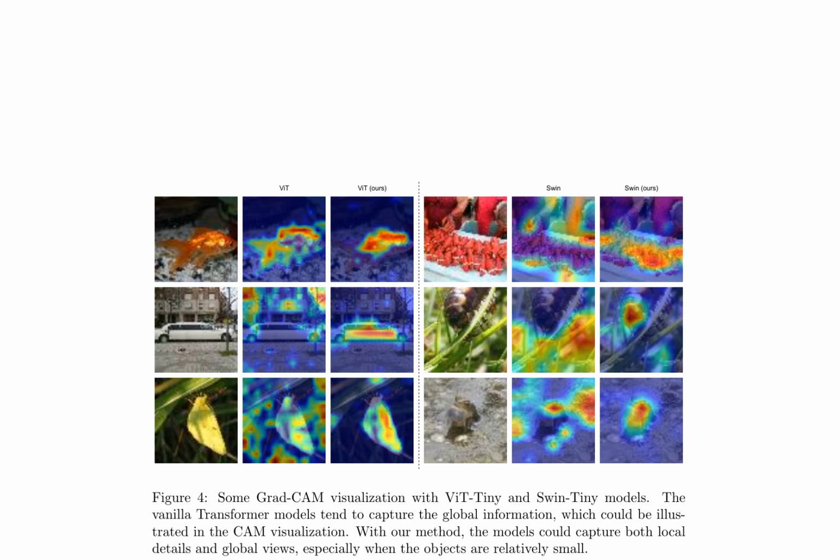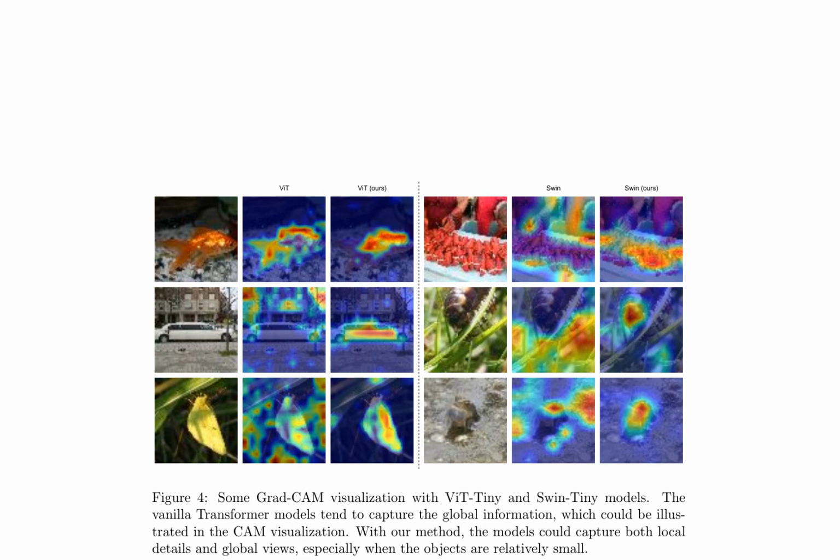The authors present a novel approach to enhance the performance of vision transformers, ViT, and Swin transformers on image classification tasks. Figure 4 showcases Grad-CAM visualizations of ViT Tiny and Swin Tiny models, demonstrating that the proposed method captures both local details and global views, particularly for small objects.